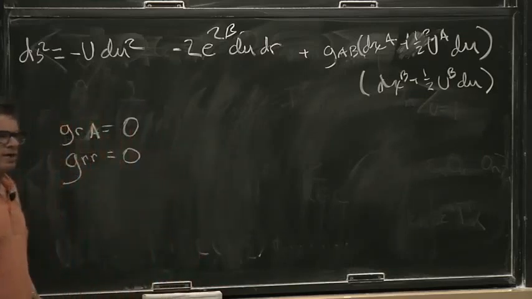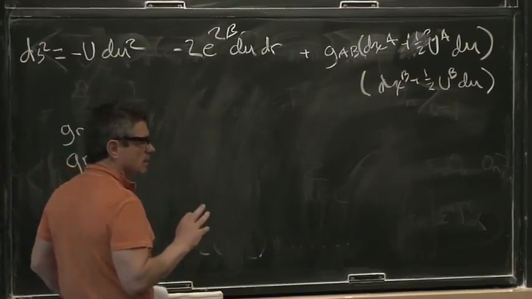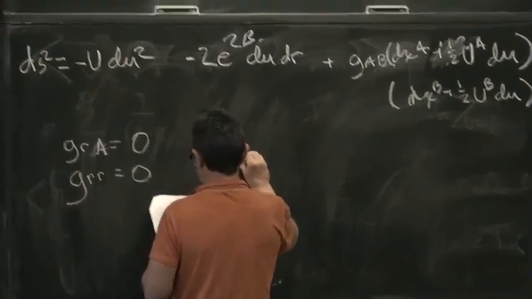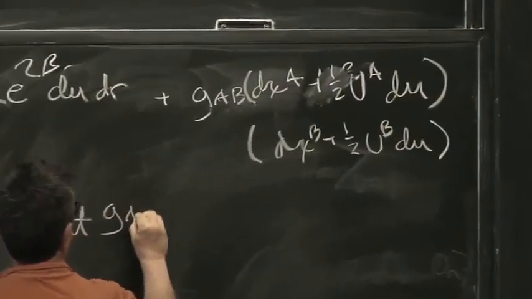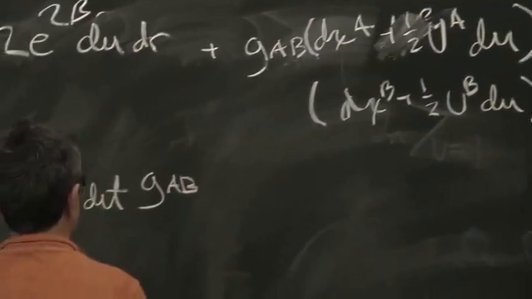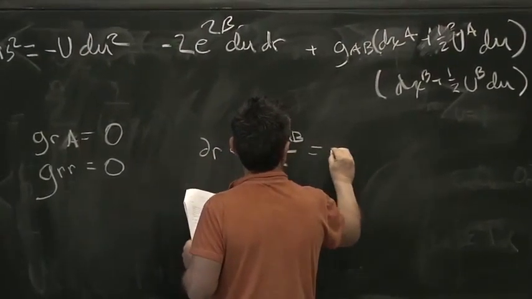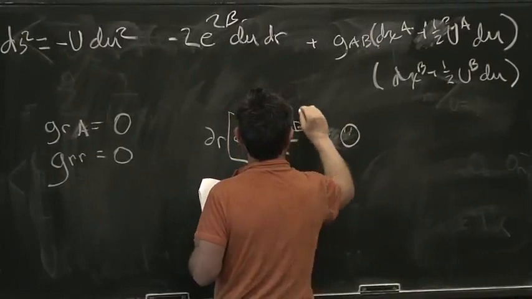That's 3 local conditions. In general, diffeomorphisms are parameterized by a 4 vector, so we get to impose 4 local conditions. And so the 4th condition that we're going to impose is that dr times the determinant of the 2 by 2 metric g_AB over r squared is equal to 0, sorry, so this is independent of r.